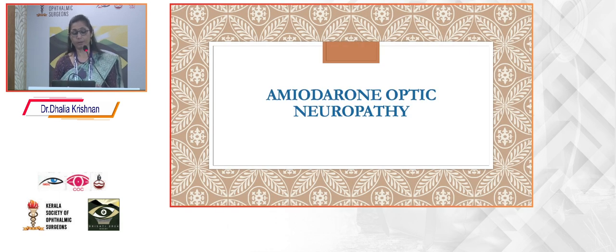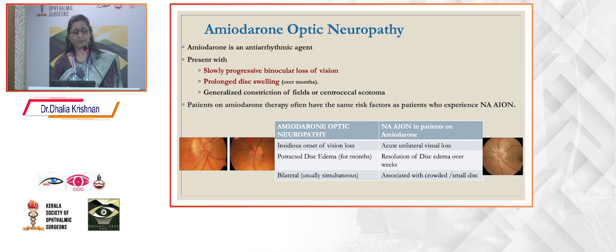Coming to amiodarone optic neuropathy, it presents with very slowly progressing binocular loss of vision. A very important point is that you have prolonged disc swelling, and these patients on amiodarone therapy also have the same risk factors as the patients of non-arteritic AION, so it needs to be differentiated.